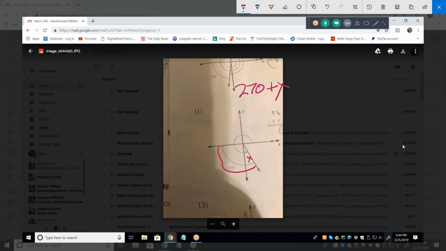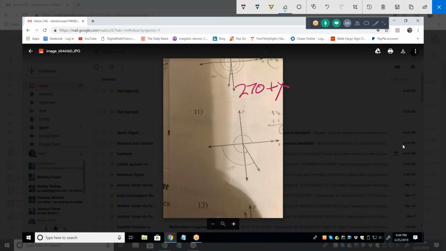So if that whole thing is 115, what is X? Remember, these are all 90-degree angles. The XY coordinate system is always perpendicular to one another. 25.